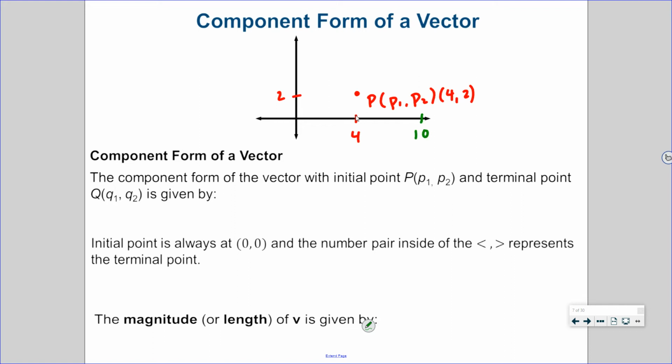This is just to give you a visual of where this formula comes from by actually tacking on numbers. So let's say Q, which they said is Q1, Q2. Here's my vector, initial point P to terminal point Q, and this would be the point 10, 9.